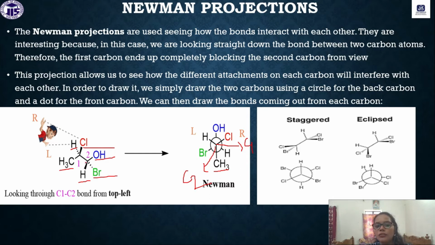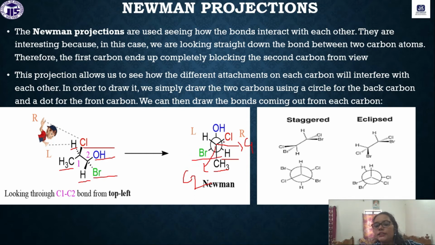Understand? Now this C2 atom, you are seeing it like this. This is your pointed atom, that is the C1, and behind this you have the C2 carbon, that is the big circle, right. Now if we see the C2 carbon, the OH group will be like this, the hydrogen will be like this, and your bromine will be at this angle, okay.